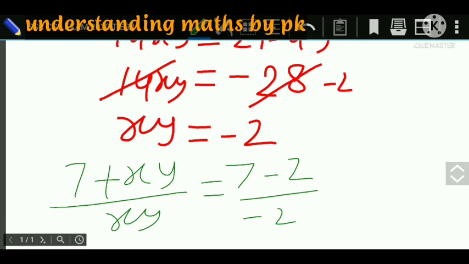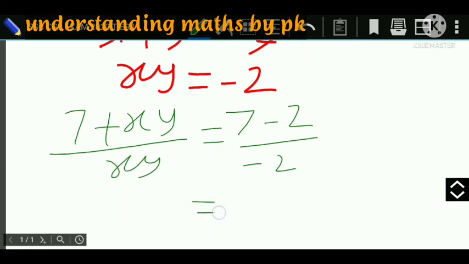7 plus xy comes from the x square plus y square, whereas xy is as it is. And now we have to find out the value: 7 minus 2 divided by minus 2. This is left as 5 upon minus 2.